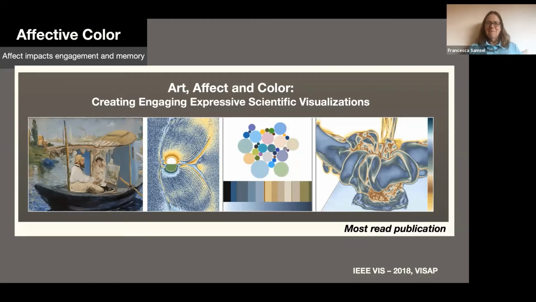But I bring it up because there are properties from the artistic community about what kinds of color palettes you use if you want a calming result. On the far left is a Manet painting about Monet, or Monet painting about Manet, I can't remember. But it's a calm scene. It's a contemplative scene about the process of this painting activity.